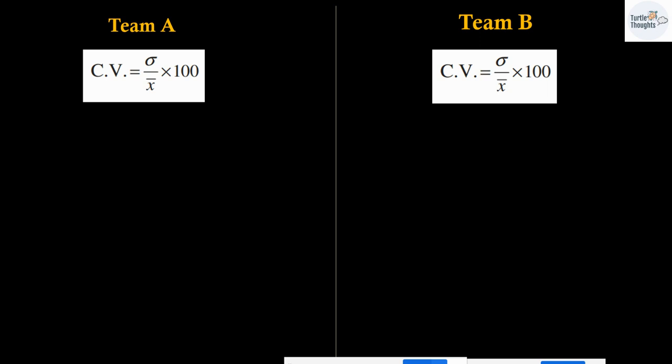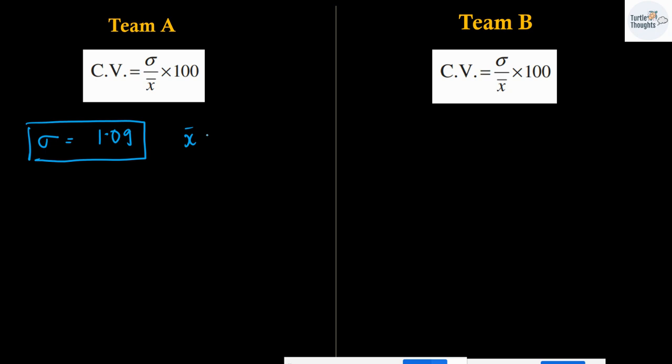Now, finding the value of CV, sigma I know. Let me make a note of that. Sigma for team A is going to be 1.09, this is what we have got, right?